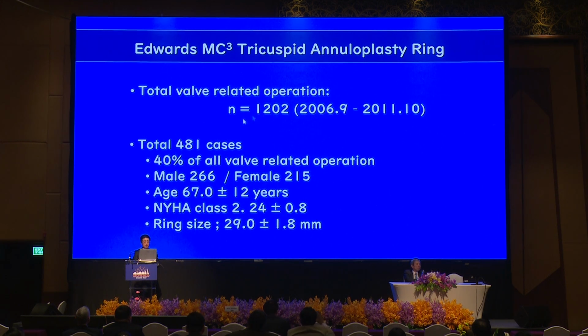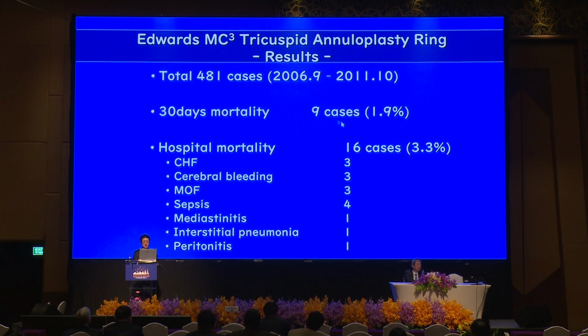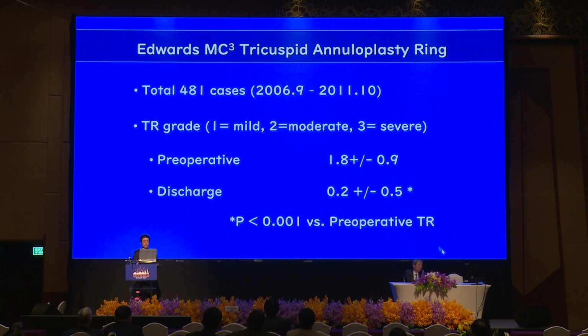About 10 years ago, I looked at our own experience with the 3D rigid ring. We had 481 annuloplasties with the 3D rigid ring. 99.2% were concomitant procedures. The 30-day mortality was 1.9%, and hospital mortality was 3.3%, which is not really good, but probably acceptable for patients with heart failure.